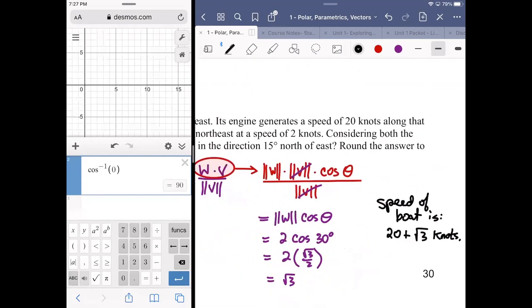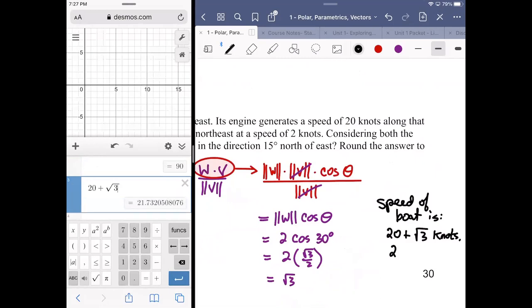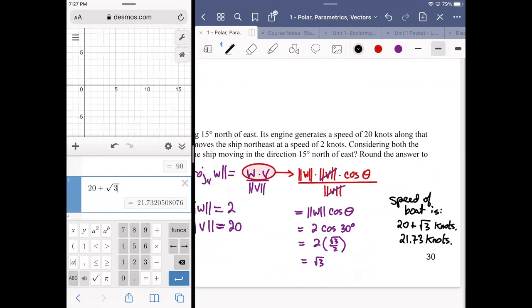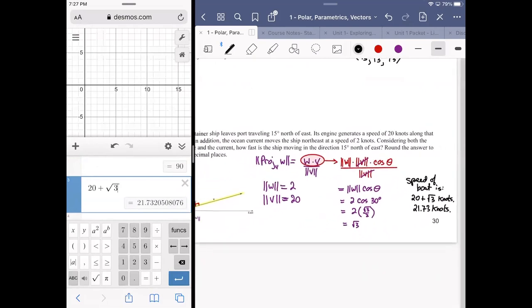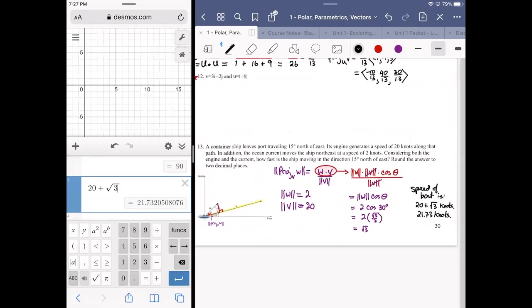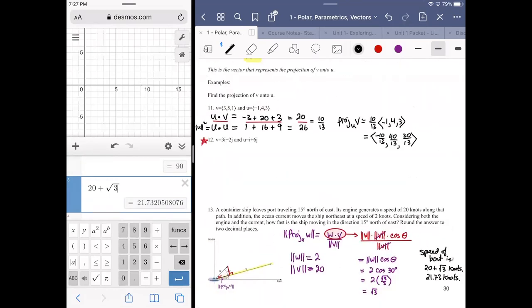So there's that, 20 plus the square root of 3. So about 21.73 knots. All right, so that's the contribution that the current is offering. The 1.73 combined with the 20 gives us the total velocity.